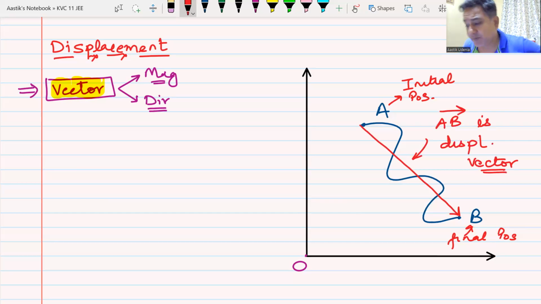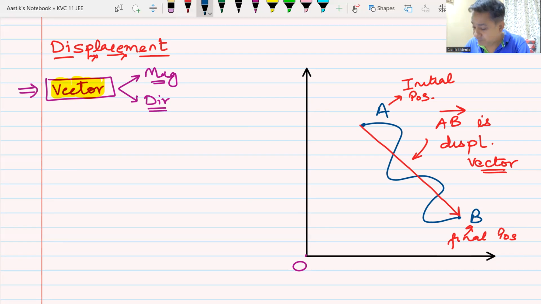Do we understand this, beta? Everyone? I have not used the term distance or shortest distance because that is wrong. You cannot define it in terms of shortest distance. So if a body moves from point A to point B, sir, students, parents, everyone in the universe, AB vector is the displacement vector. It's as simple as that.